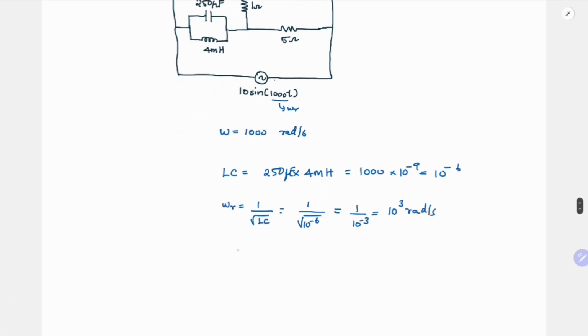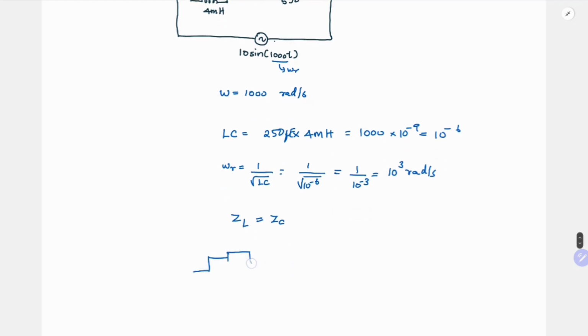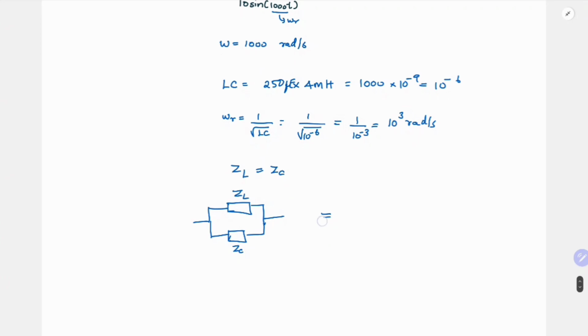So at resonant frequency, what happens? Your ZL, the impedance due to the inductance, is equal to your ZC, the impedance due to your capacitor. And now the equivalent impedance, Z equivalent, is the parallel of these, right? So you have ZL in parallel with ZC. So what is the effective impedance?